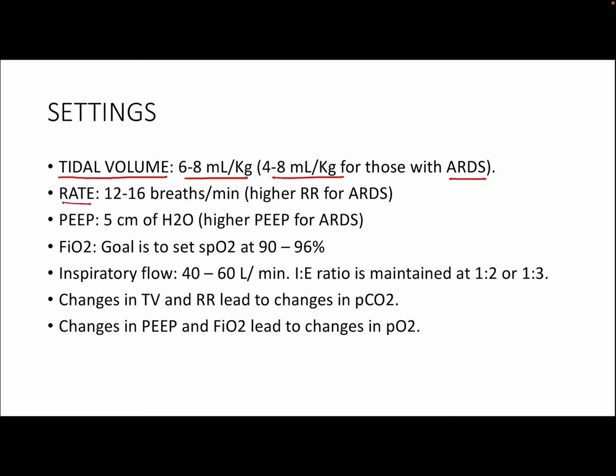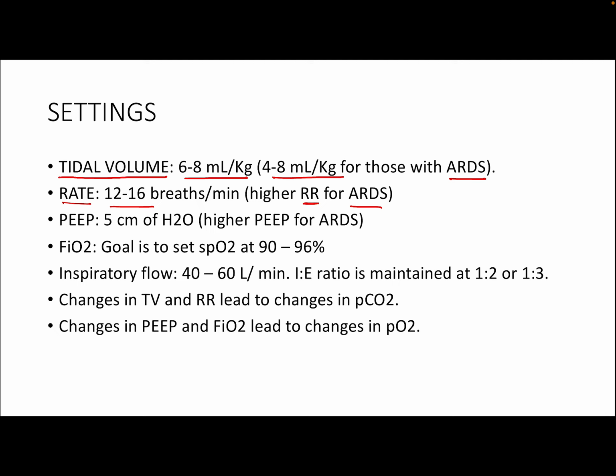The respiratory rate is usually set at around 12 to 16 breaths per minute, but for ARDS you need a higher respiratory rate. That is because in ARDS we are giving a low tidal volume, and to maintain the minute ventilation we have to give a higher respiratory rate.